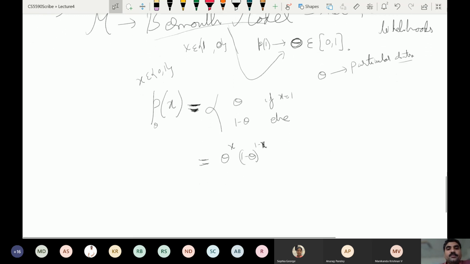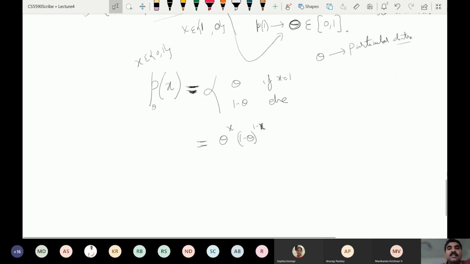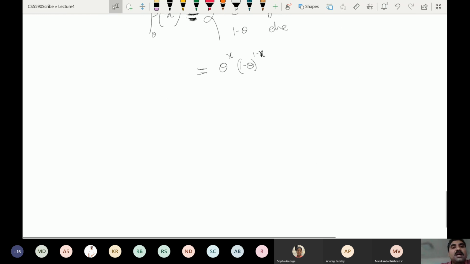Now let's see what the maximum likelihood estimate gives for this model. Basically, what is the problem you have to solve? The problem is to maximize over theta belonging to, what is the range of allowed values of theta here? 0 to 1. Good.